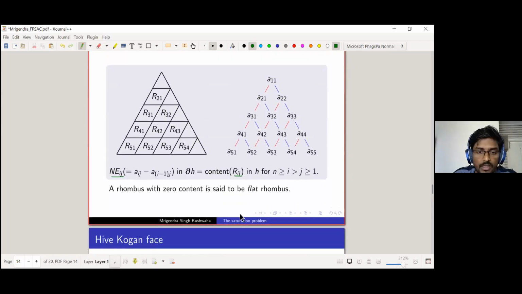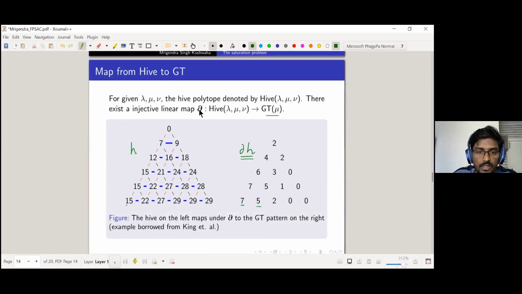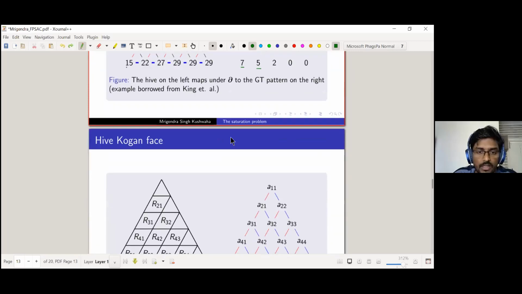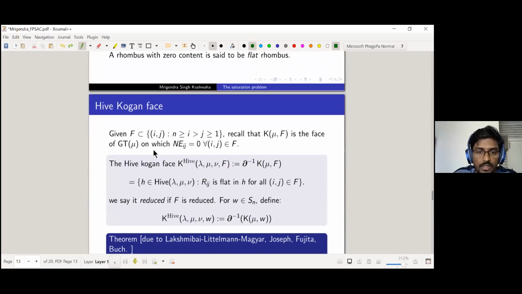So now we want to define the Kogan phase again in this hive polytope. There is a map: this is an injective linear map from the hive polytope to the GT polytope, and there we have the Kogan phase. So to define the Kogan phase in this hive polytope, we just take the inverse image under this delta map. For a given F, K mu F is the Kogan phase. So we define the hive Kogan phase, denoted K hive lambda mu nu of F, as just the inverse image of that.